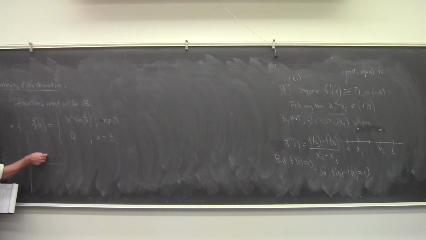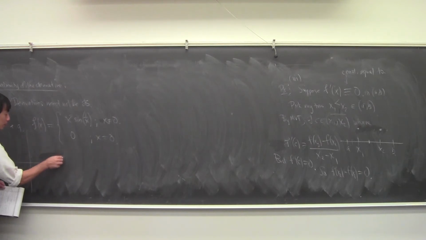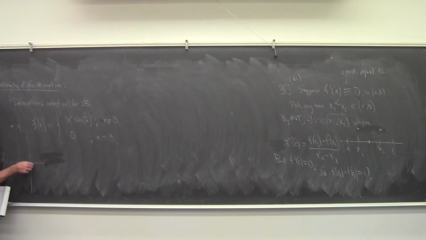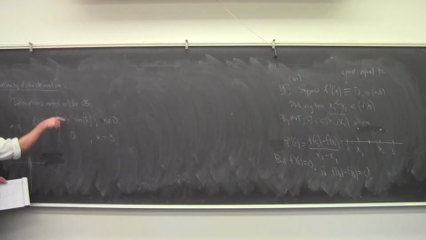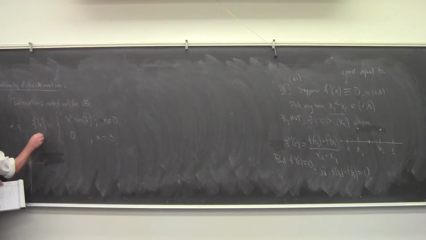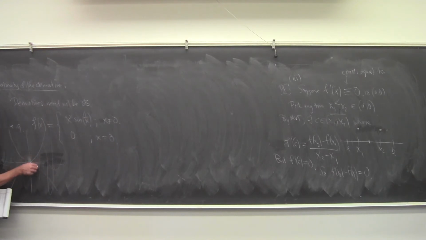You take that sine 1 over x function, and it looks something like this, and then comes out like that. And you multiply it by x squared, and it becomes like this. It goes crazy inside here.